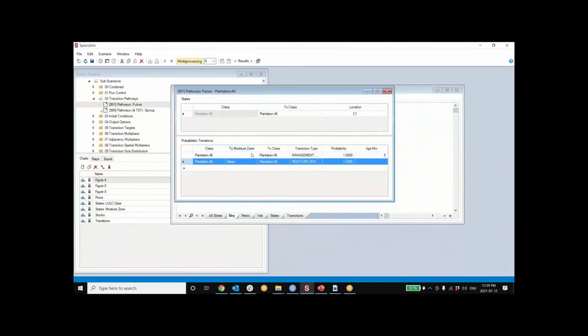One of the optional columns is to send it to another strata, right? So I'm sending it from its dry state stratum to the mesic stratum with this transition type called moisture zone shift. So that's how we do it. We bring in this optional column and we tell it to go to a state class on another strata.